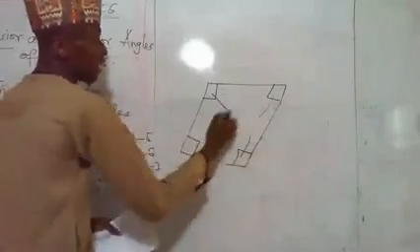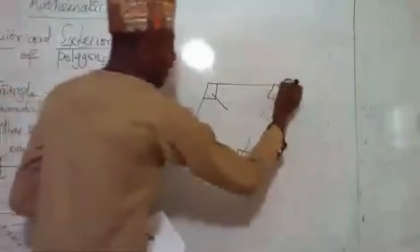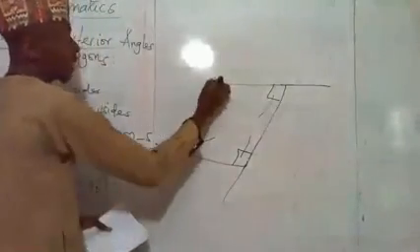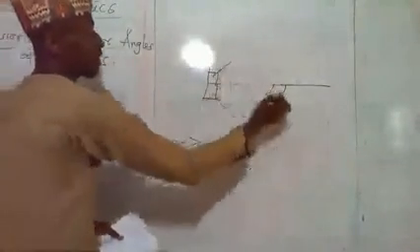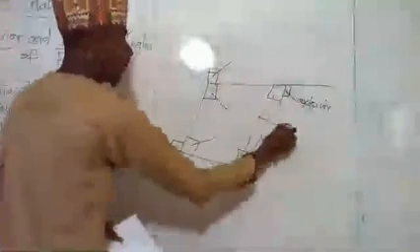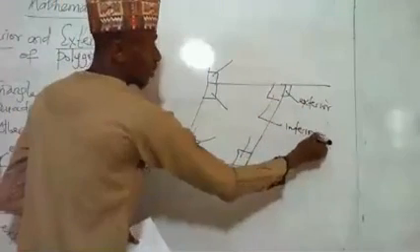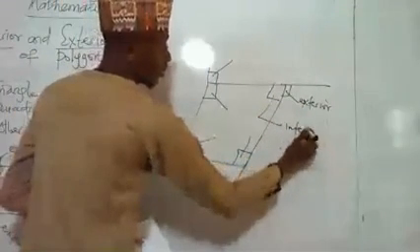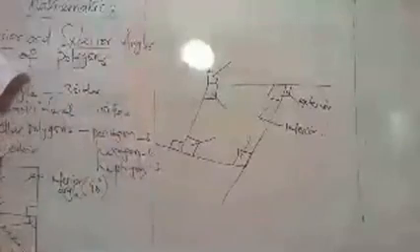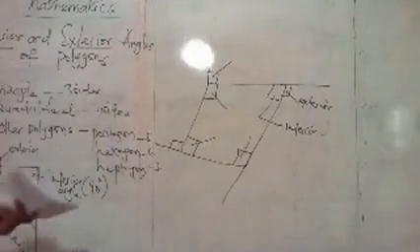All these are interior angles. If I extend this like this, all these are exterior angles. This is exterior, this is interior. So I believe you all know the meaning of exterior and interior that I'm talking about.